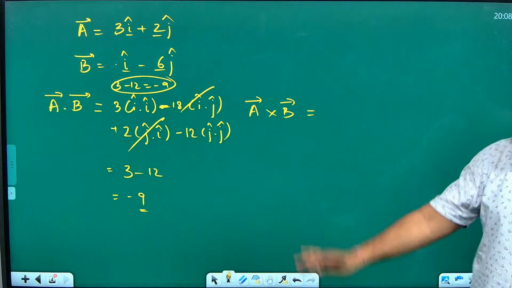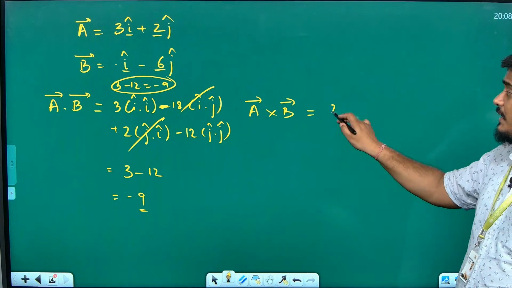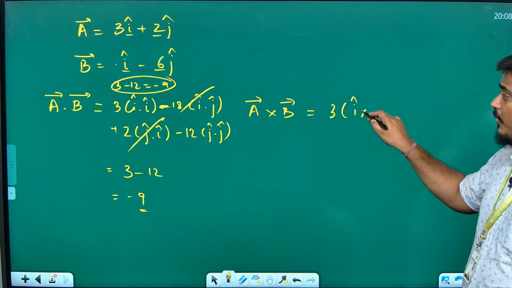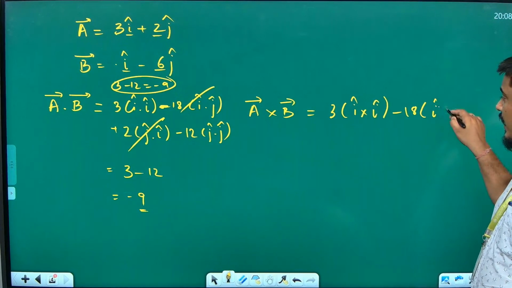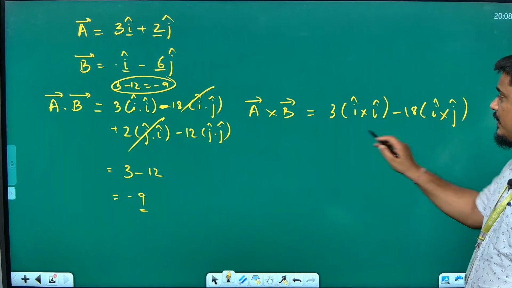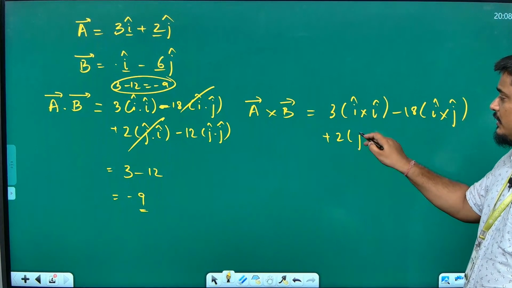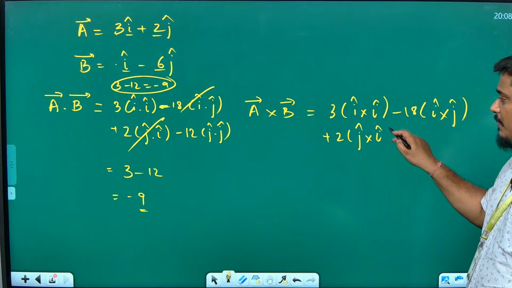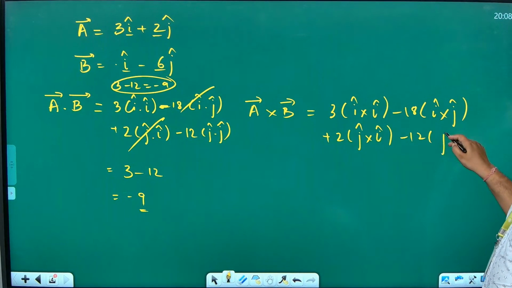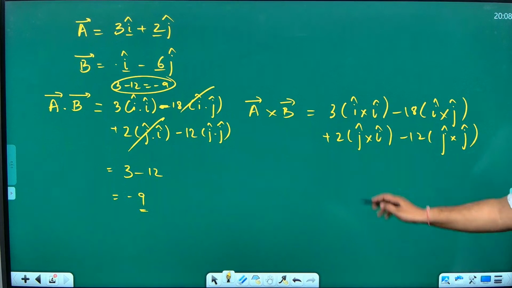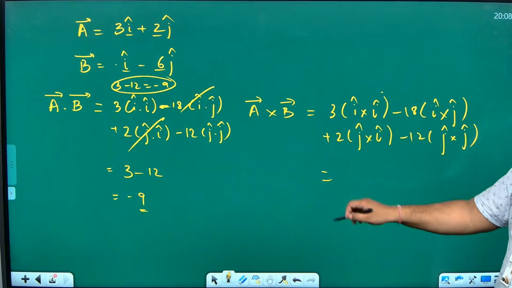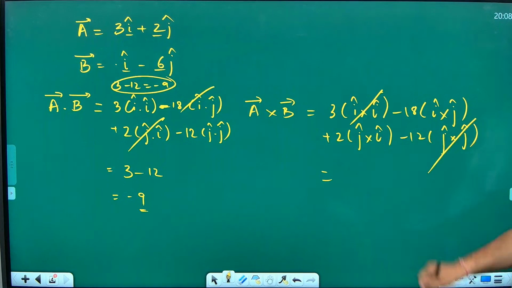If it is cross, same way, that is 3 into i cap cross i cap, minus 18 into i cap cross j cap, plus 2 into j cap cross i cap, minus 12 into j cap cross j cap. So i cross i will become 0, j cross j will become 0.